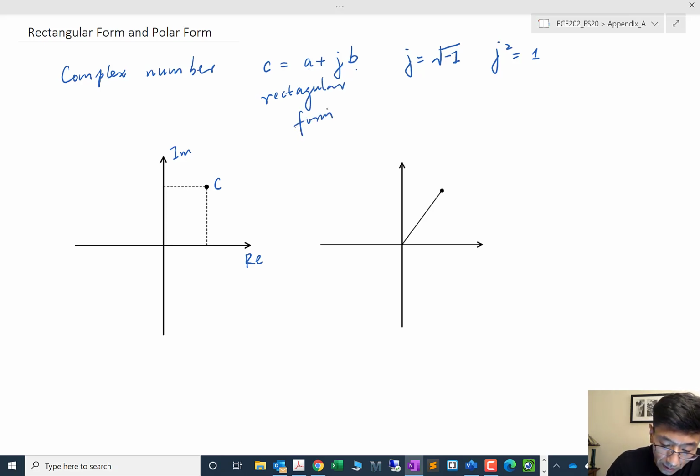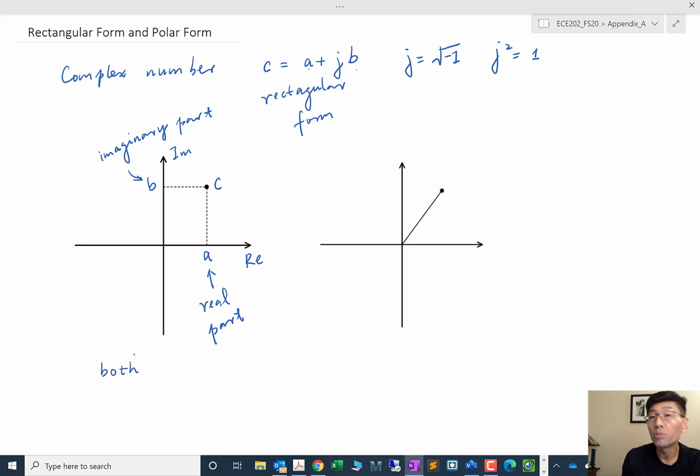So the a corresponds to the real axis. a is called the real part, and the b is called the imaginary part. And both a and b are real numbers.